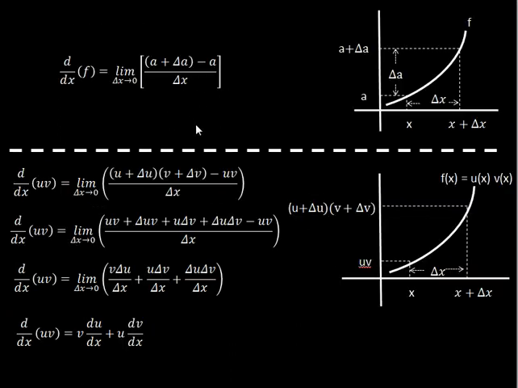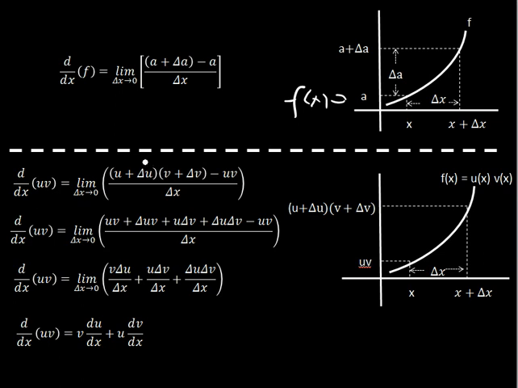Reminding ourselves of the latter form of what the derivative would look like when f of x equals a, this is then the proof. We just substitute in our values for a plus delta a and a.